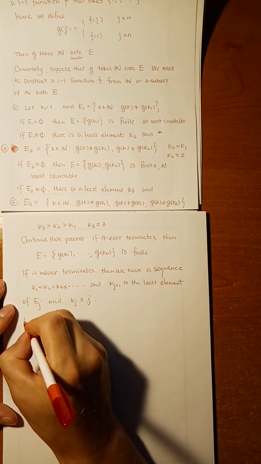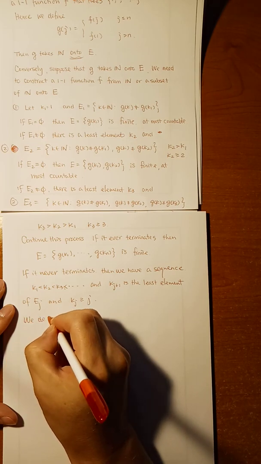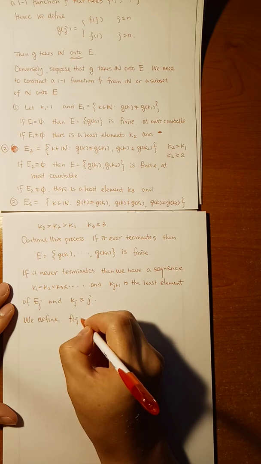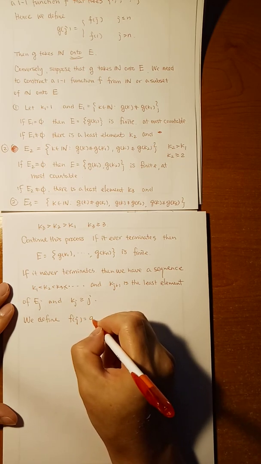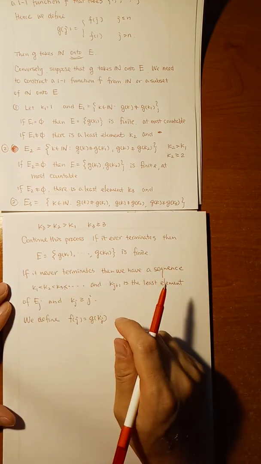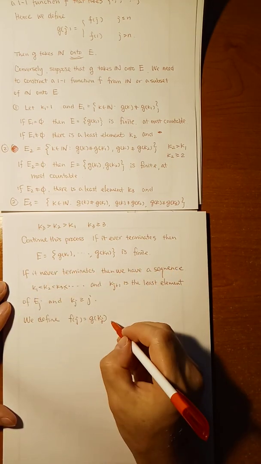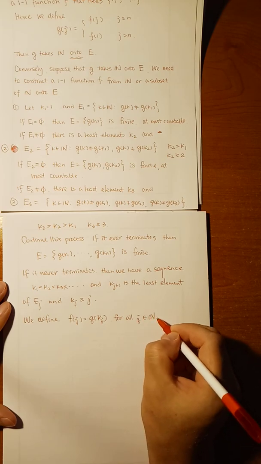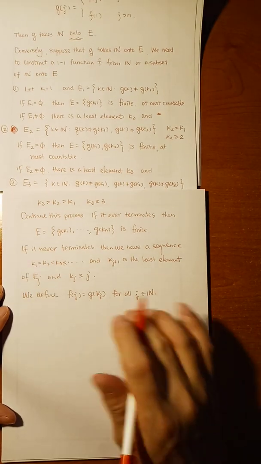We define Fj to be G of Kj, in this case when it never terminates, for all j belonging to the natural numbers.